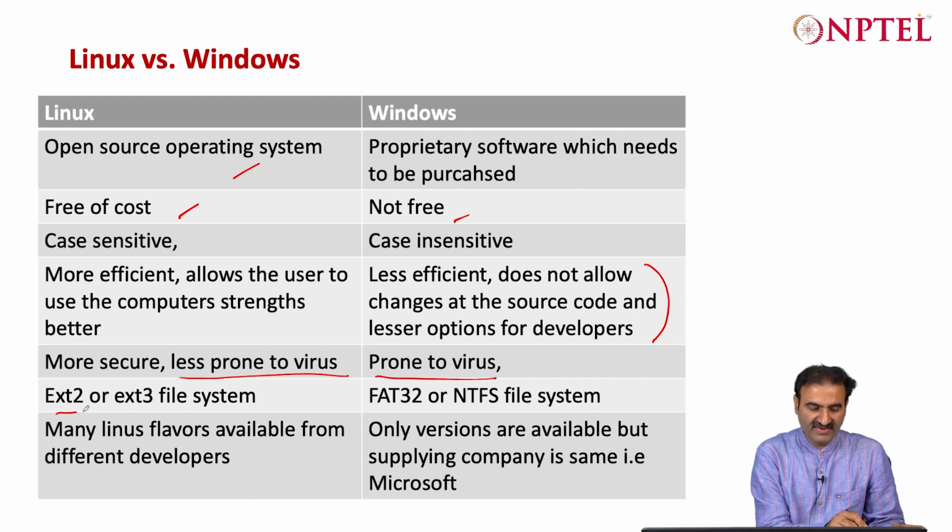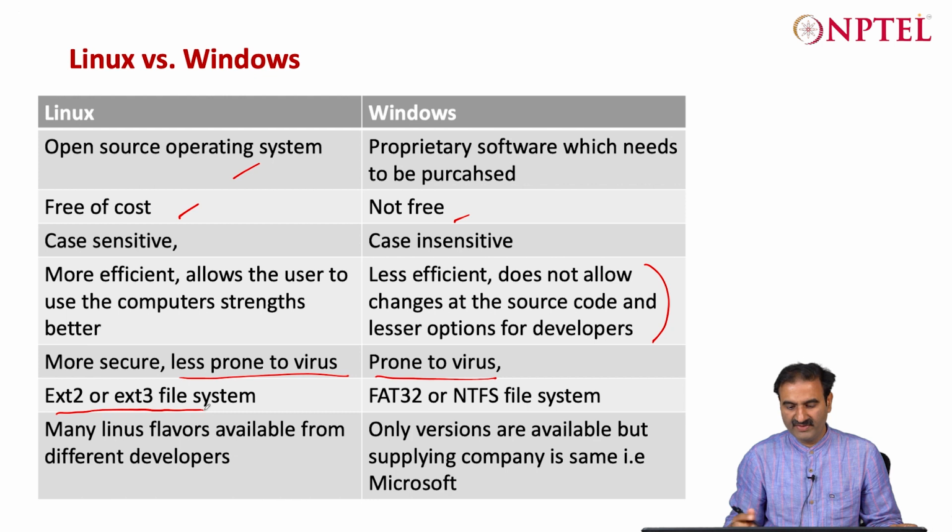The file system is ext2 or ext3 in Linux, whereas in Windows it is FAT32 or NTFS. What this means is that these are the file partition systems, and how your hard disk is formatted. So basically it allows files of a certain size to be stored on the system, and you cannot use them interchangeably in Linux and Windows.